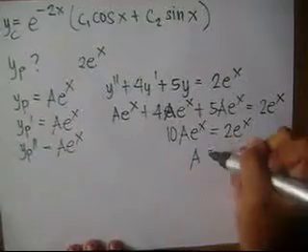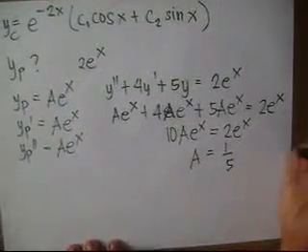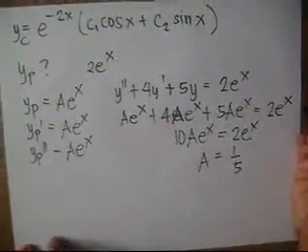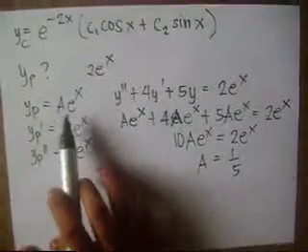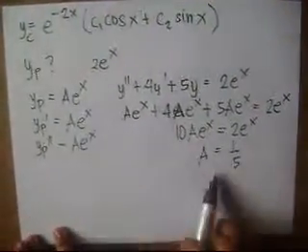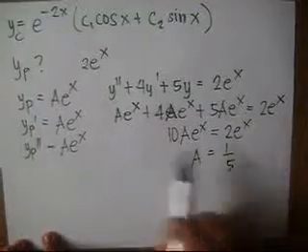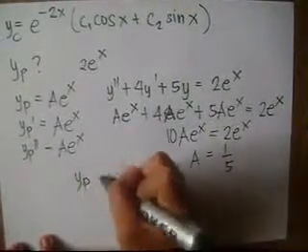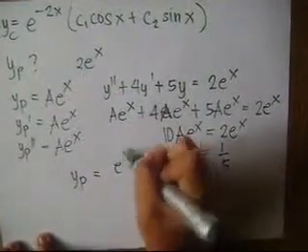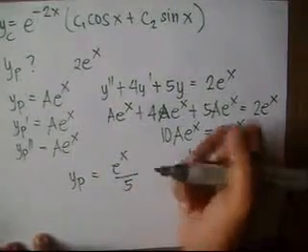Now we have the value of a, which is 1/5. Earlier, we assumed that yp = a e^x, and the value of a is 1/5. Thus, the value of yp is e^x over 5.